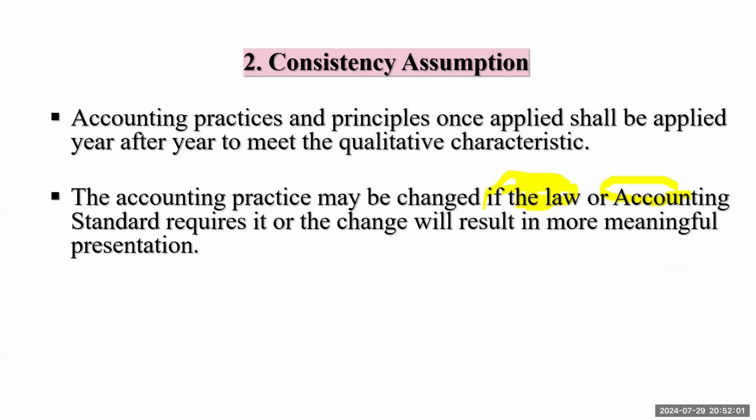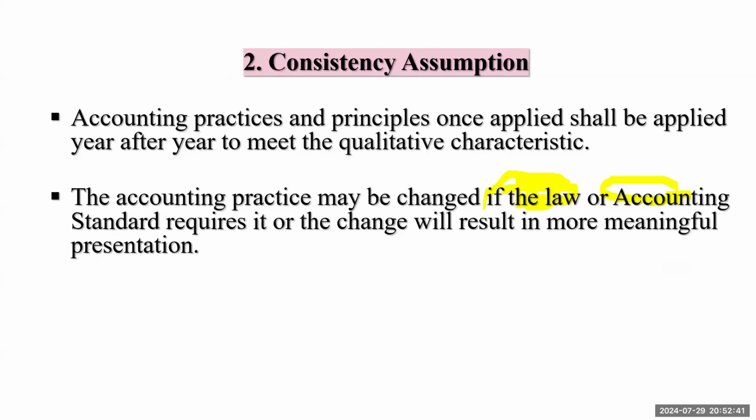And the third reason is that if you consider that if you change the method, your financial statement will become more meaningful, more understandable to the users. Previously, they were not so. The previous method followed was not giving the correct profit, was not showing the correct financial position.